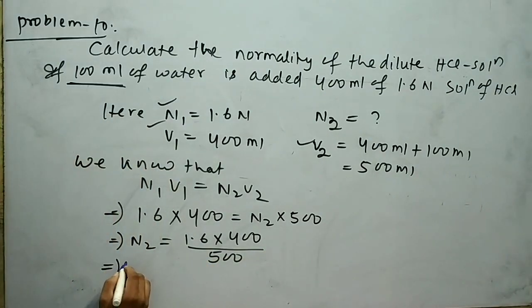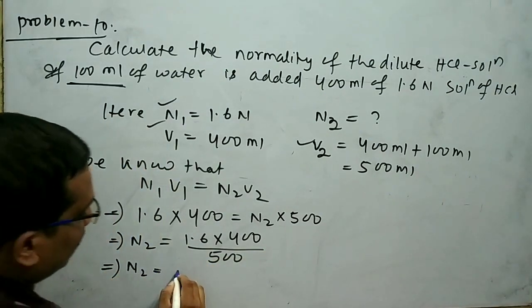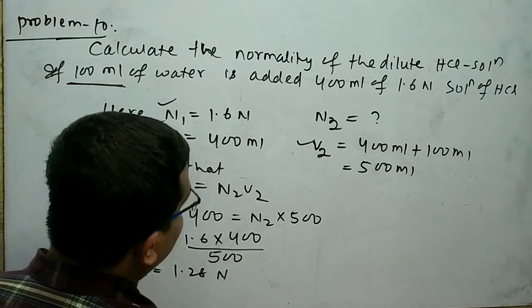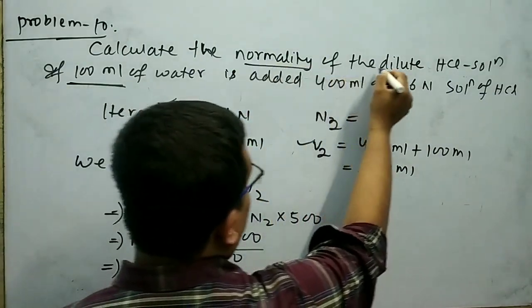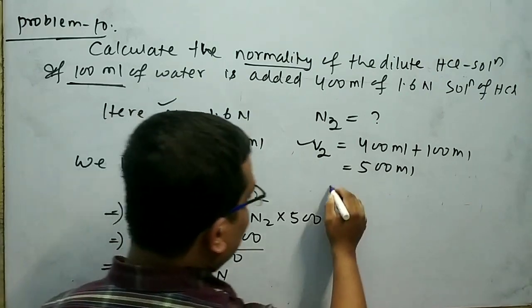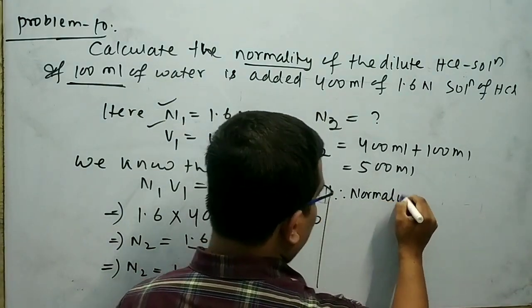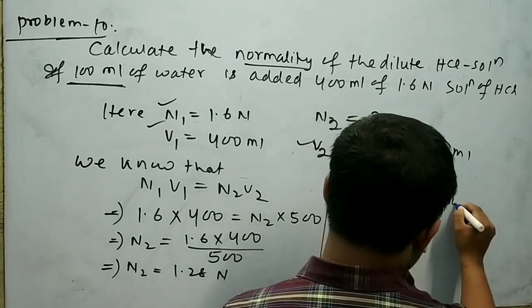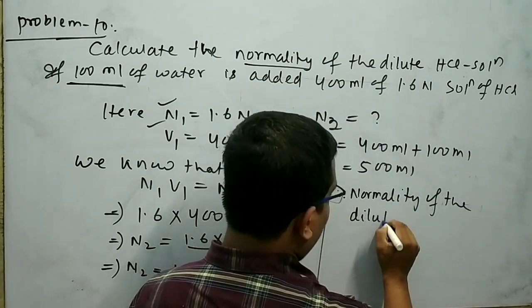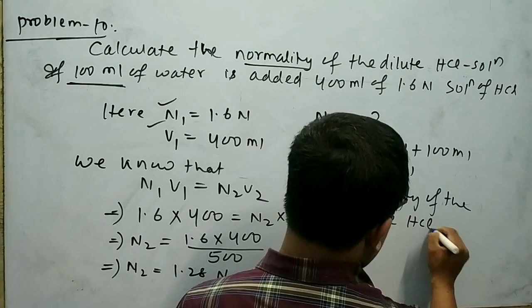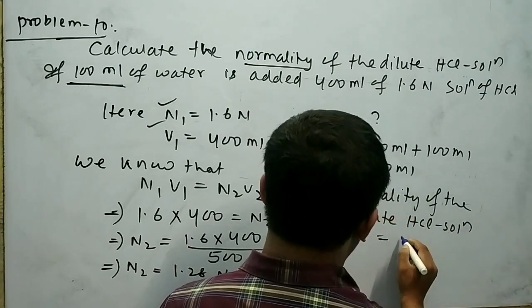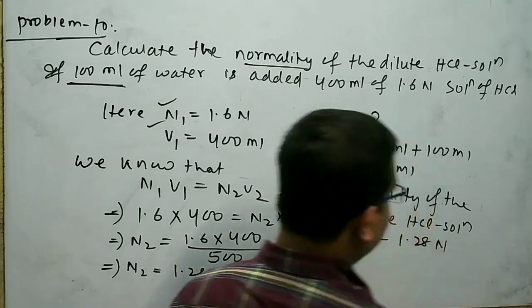After solving, I can write N2 equal to 1.28 n. Our aim to find out the normality of the dilute HCl solution. So I can write normality of the dilute HCl solution equal to 1.28 n.